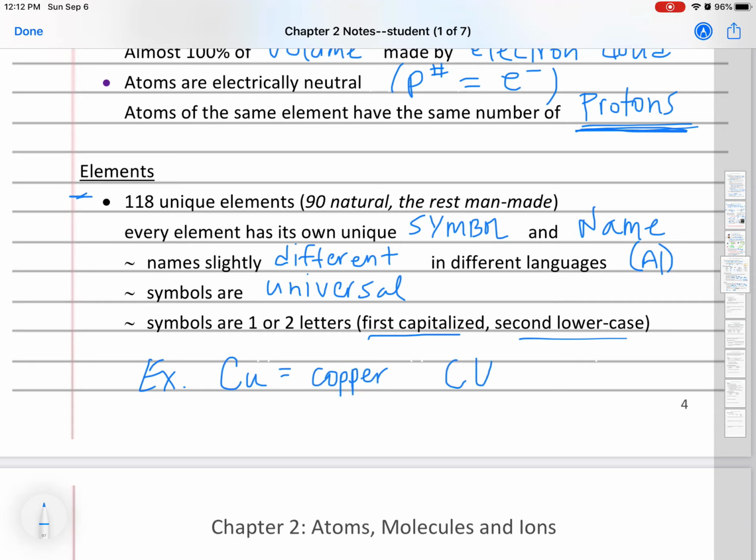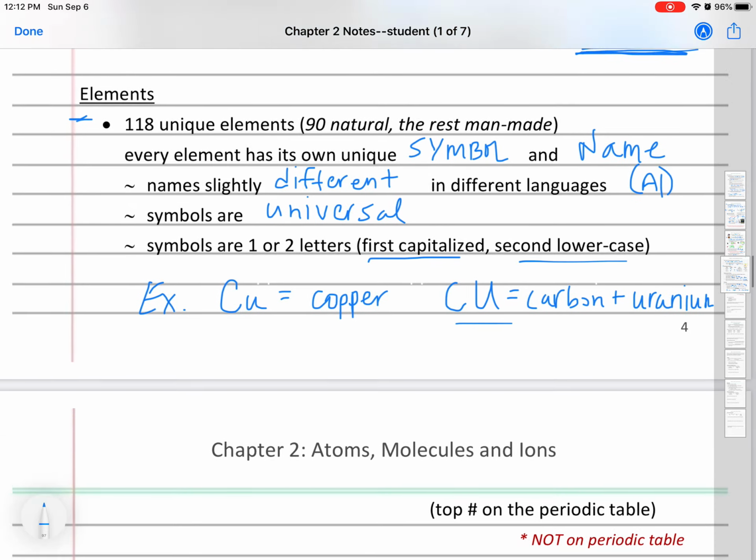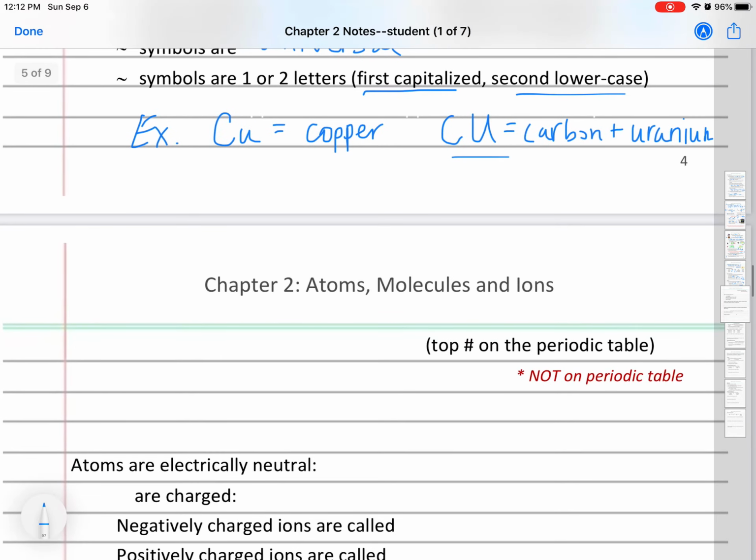But if you wrote CU, both uppercase, a capital C is carbon, and a capital U is uranium. So this is not an element. This would represent a compound made of carbon and uranium. So those punctuation details, whether something's capitalized or lowercased, are really important and something to pay attention to. And you would get points off if you didn't do it correctly.